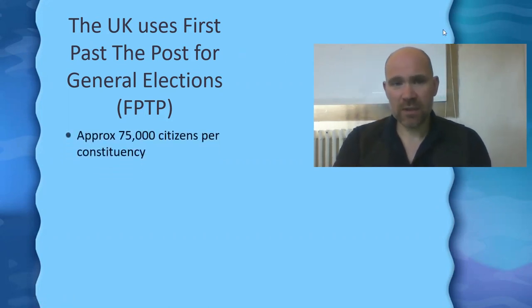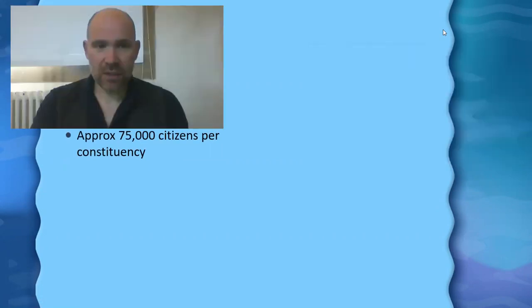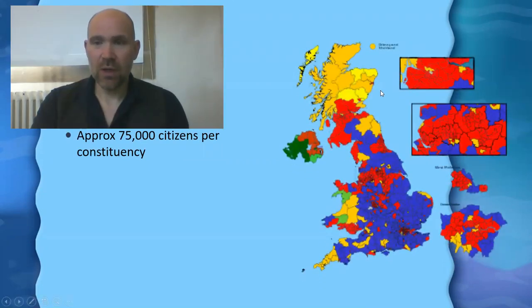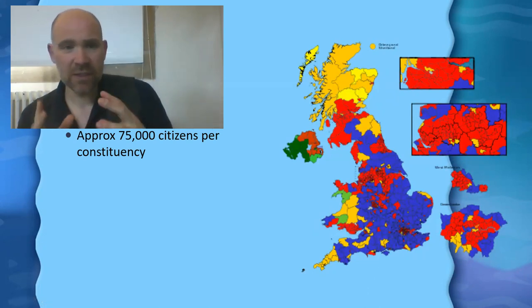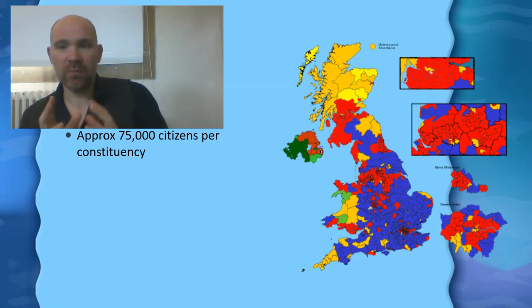So the way that first past the post works is that the UK is divided up into a whole load of smaller sections that we call constituencies. These constituencies are based around the number of people that live there.